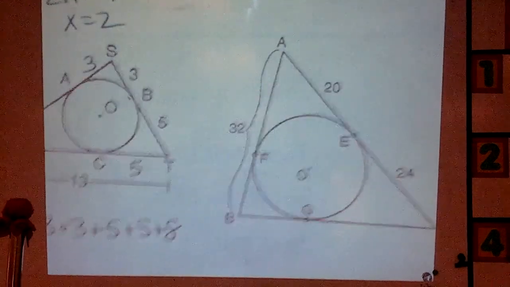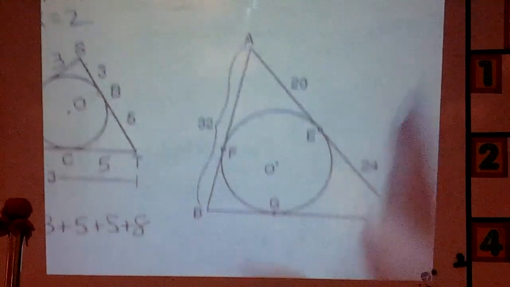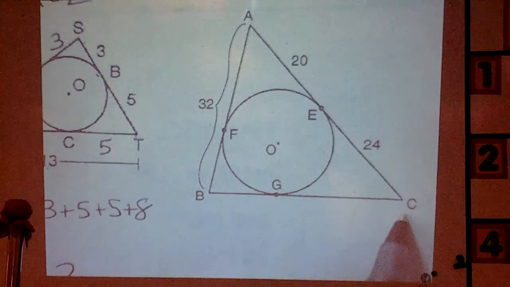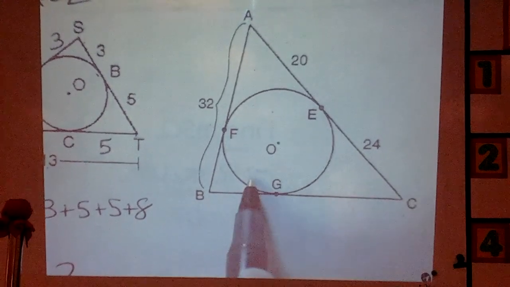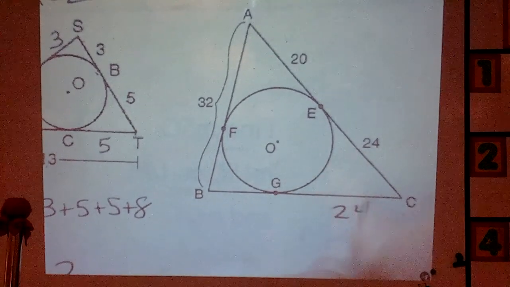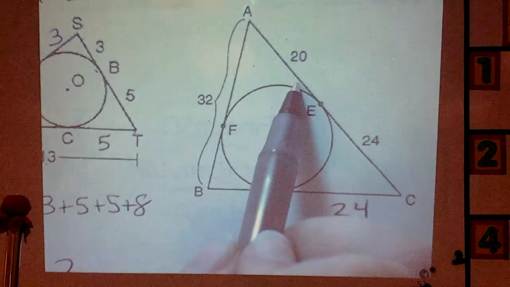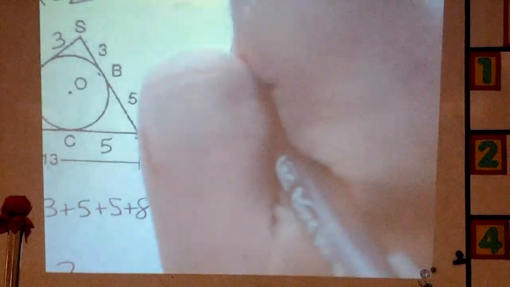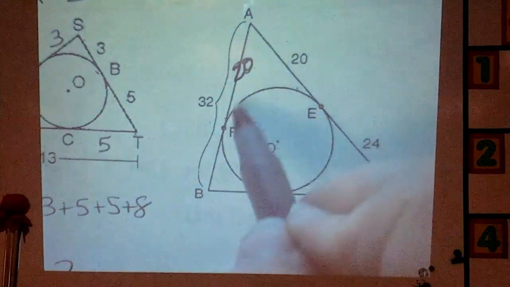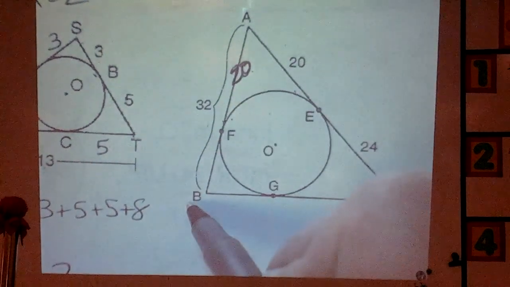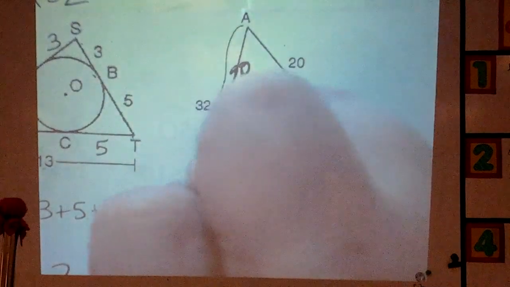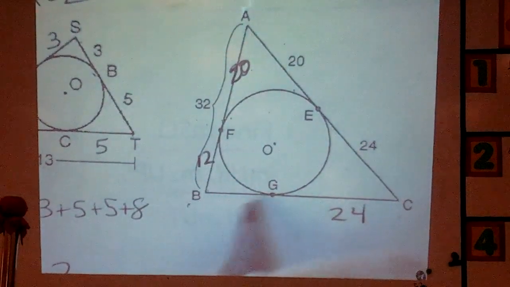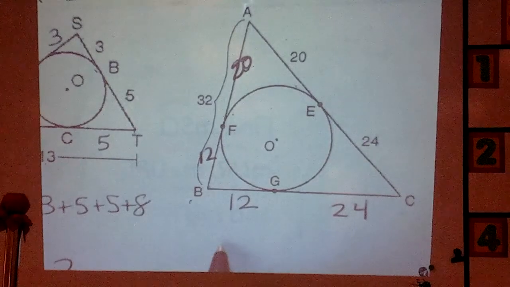And last, I'm given EC is 24, so that means CG is 24. If AE is 20, then AF is 20. If this piece is 20 and the whole is 32, that means my other piece is 12, which leaves 12 for that bit.